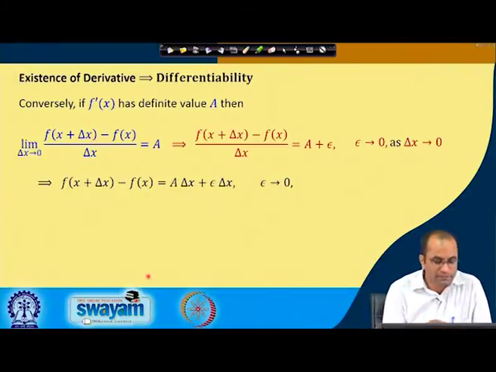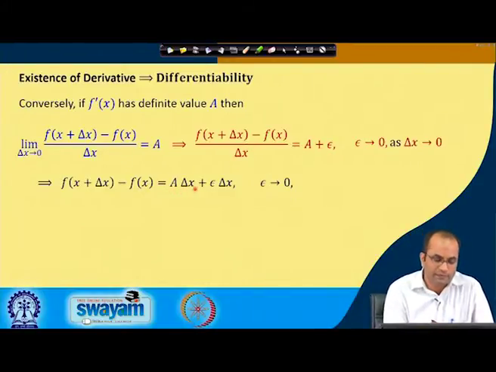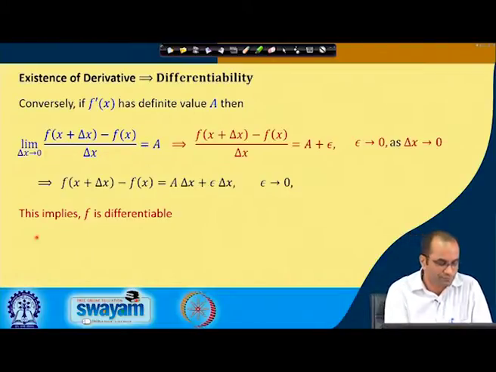Now we can rewrite this as f(x plus delta x) minus f(x), taking delta x to the right hand side. So we get A times delta x plus epsilon times delta x, and epsilon goes to 0 as delta x goes to 0.